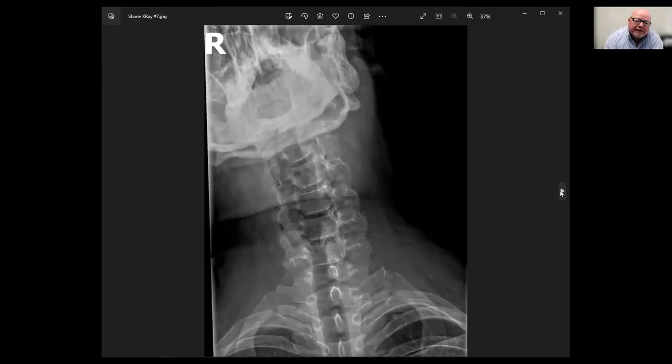Now that gets a little interesting right there. We've got right lateral flexion, and we're looking at rotation. It is rotating to the opposite side. But you see a huge deviation right there between 3 and 4. That really slips out a lot more than 2 and 3 or 4 and 5.